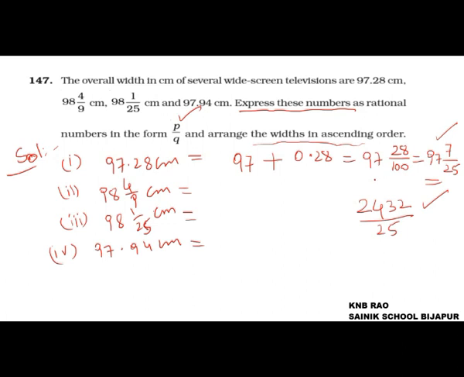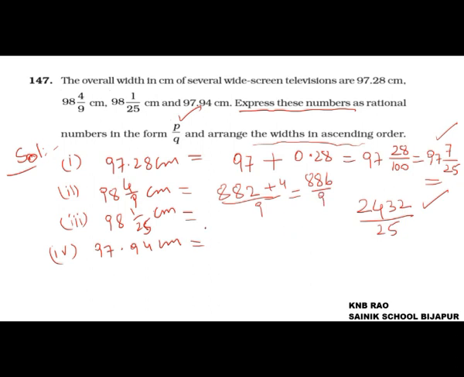Next, 98 integer 4 by 9. It is straightforward to convert. 98 9s are 882, plus 4 by 9, which equals 886 upon 9.